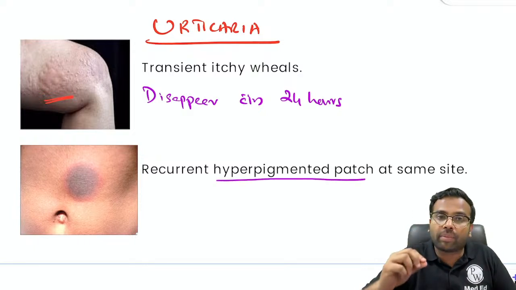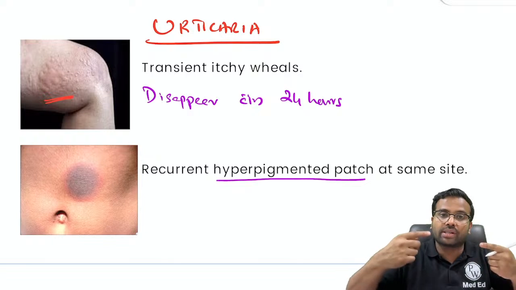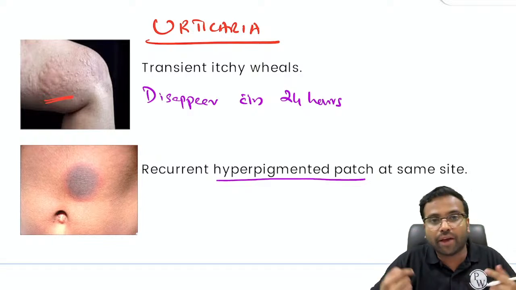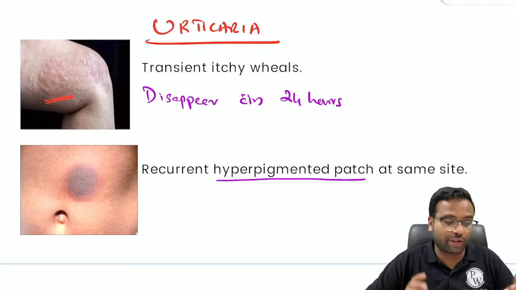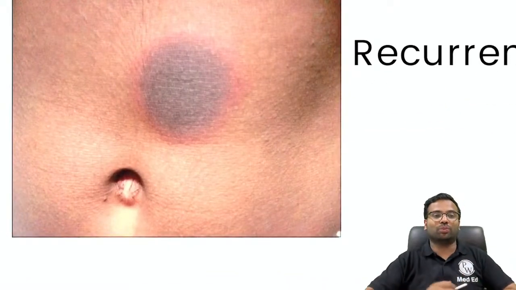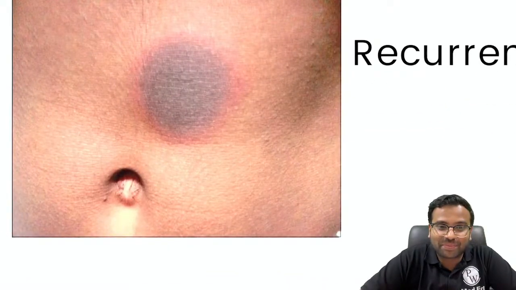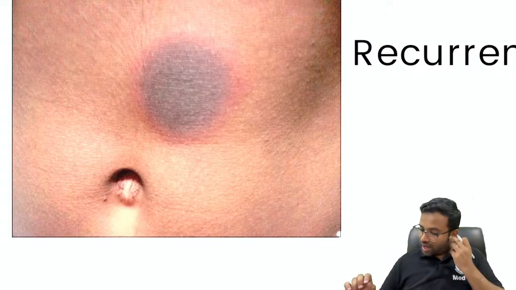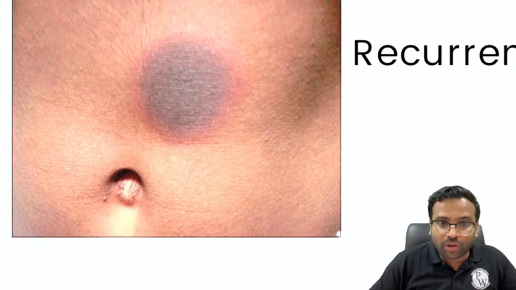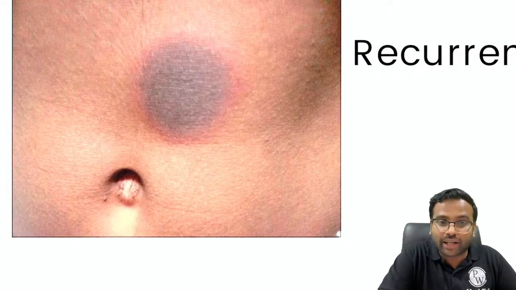And this hyperpigmented patch reappears at the same site every time the patient takes the same drug. I've given you enough clue. Now I'll zoom this. Very good. It's called a fixed drug eruption. Hi, Samir. Very good. Wiki, all of you are answering it right. So this is called fixed drug eruption.